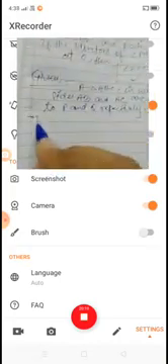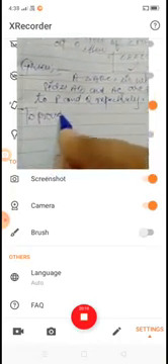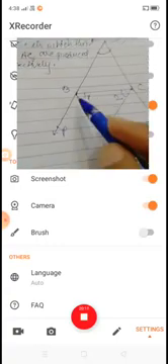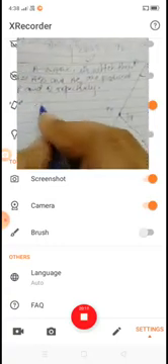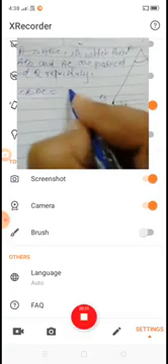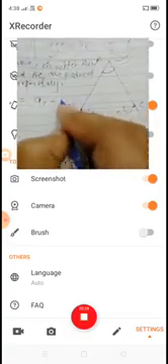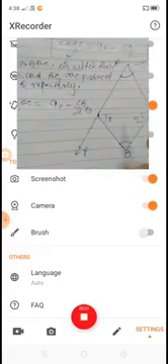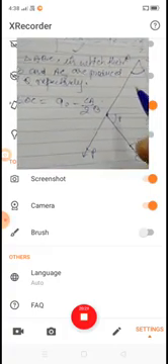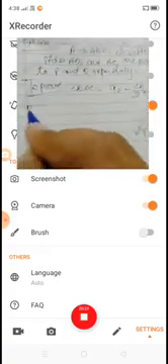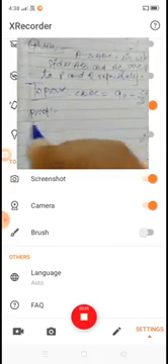Now we write, we have to show that angle BOC is equal to 90 minus angle A by 2. Now we prove it. We write the next heading, proof.